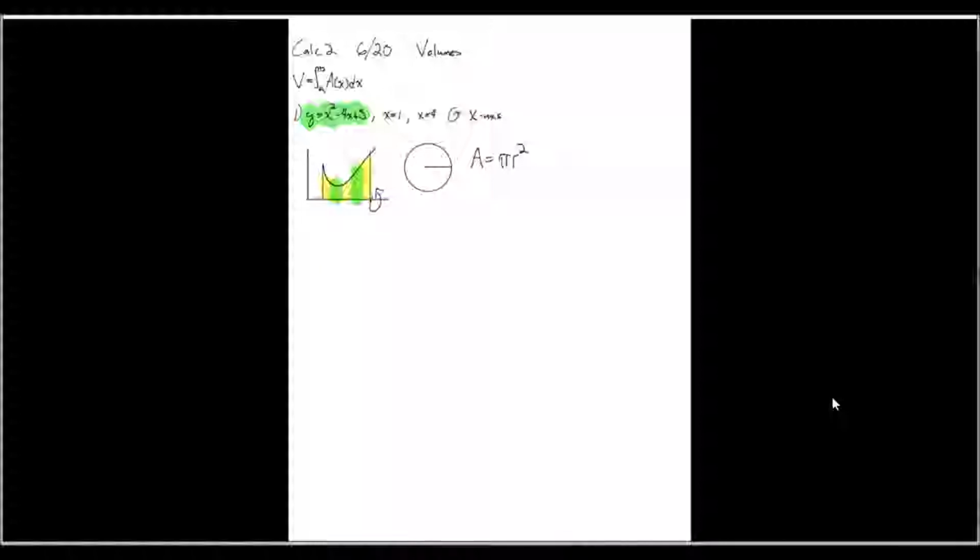Well, if I put this circle on this other graph here, with the height of the function being my radius, so that one of those green lines here is my circle radius, and I draw a circle here, and it rotates around, right?